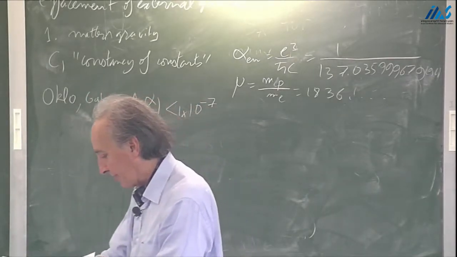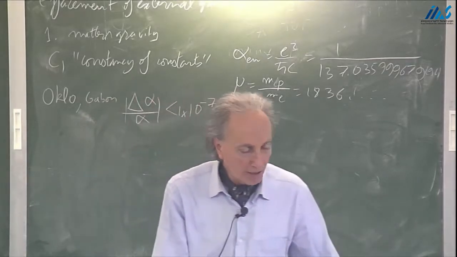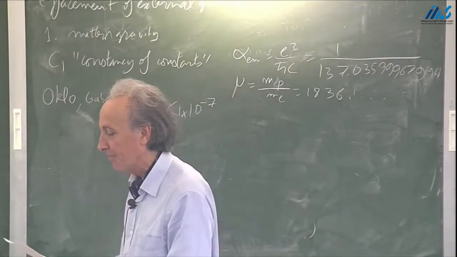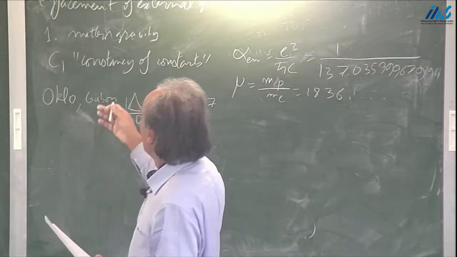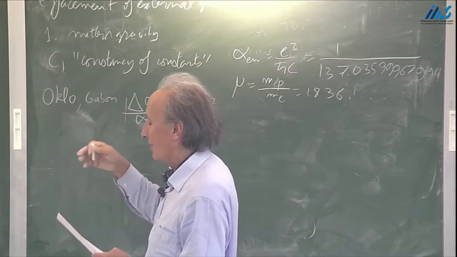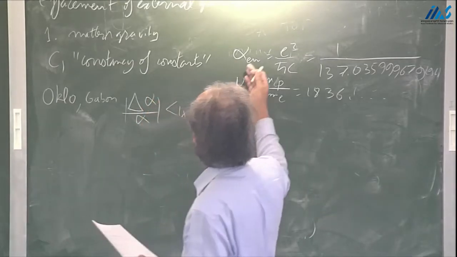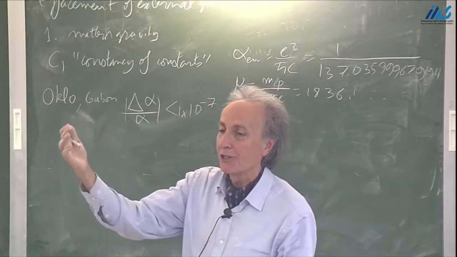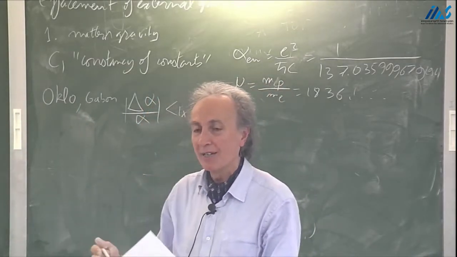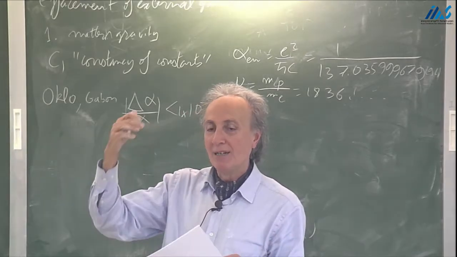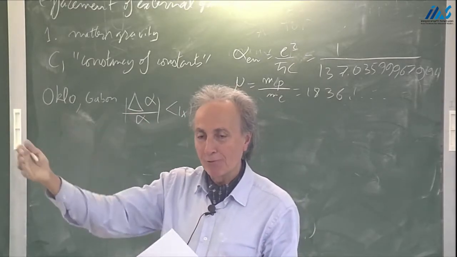You can give very strong limits also on the ratio of the quark mass to the lambda QCD. Now, you can also get limits from observing astronomical spectra, for instance, because by definition, fine structure constant is something you can measure in the spectra of atoms. And here, you can observe atoms, either emission spectra or absorption spectra.